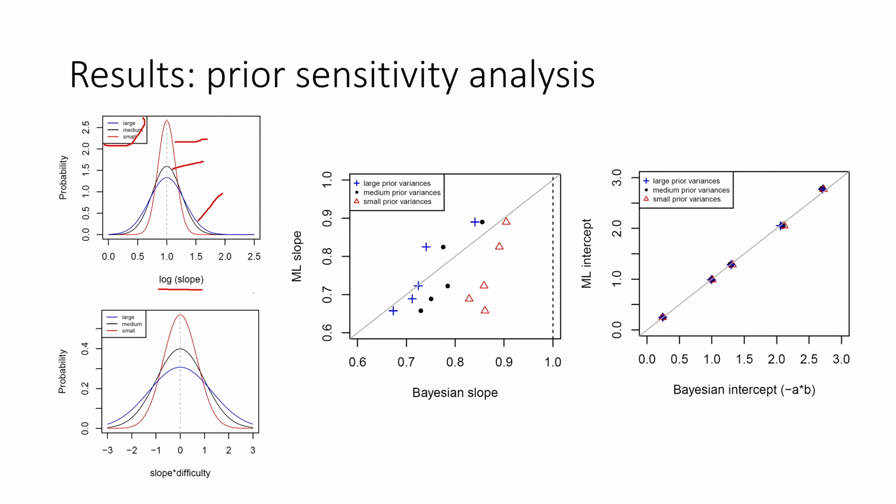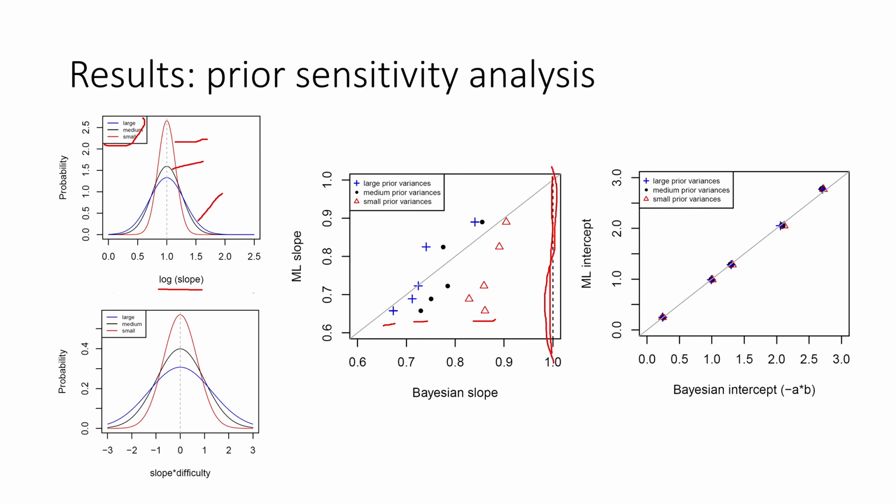Results show that the slope is sensitive to the prior. As the variance gets smaller and smaller, the point estimates are getting more influenced by the prior, and the value is closer to the prior mean, which is 1 here.